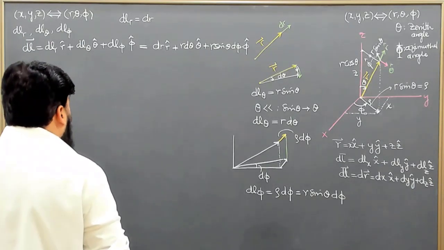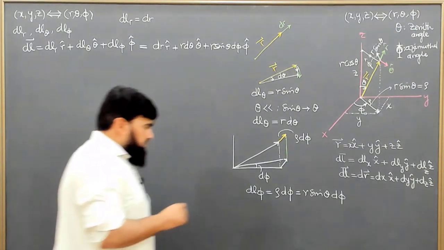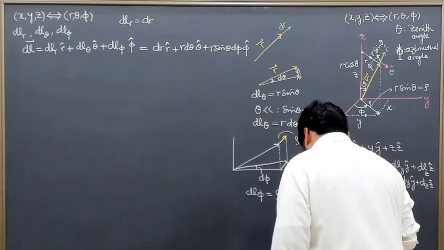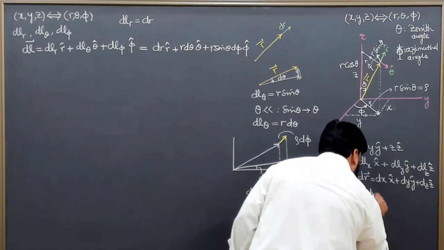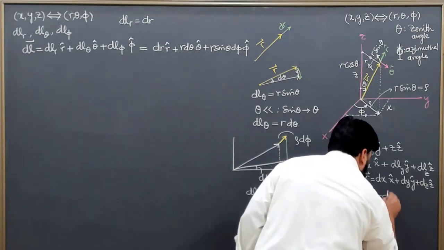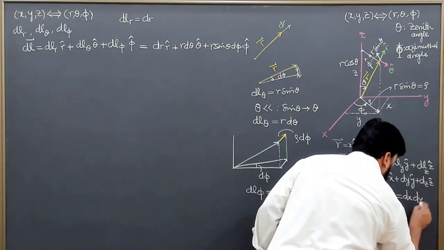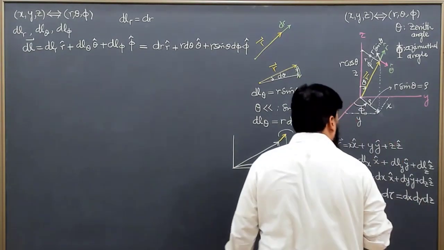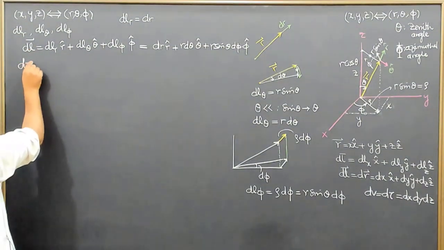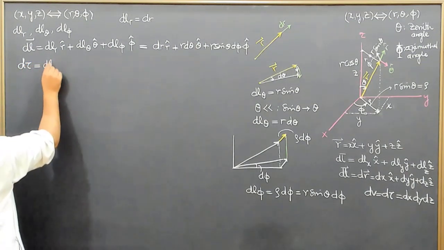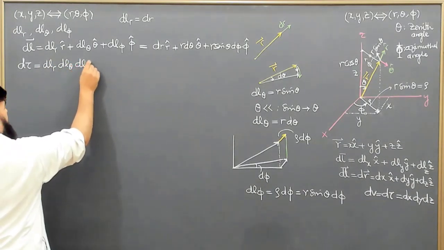From here I can write the volume element, meaning the volume element in this one. In Cartesian coordinates, d tau is equal to dx dy dz. Here the volume element will be d tau, equal to dl_r dl_theta dl_phi.